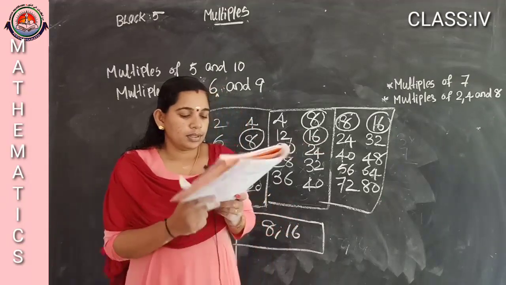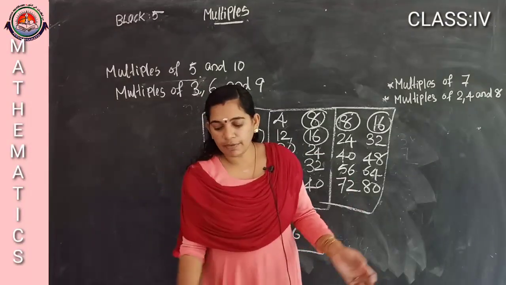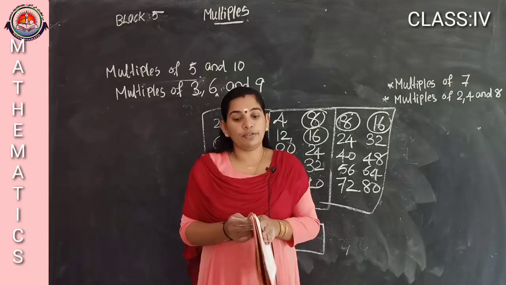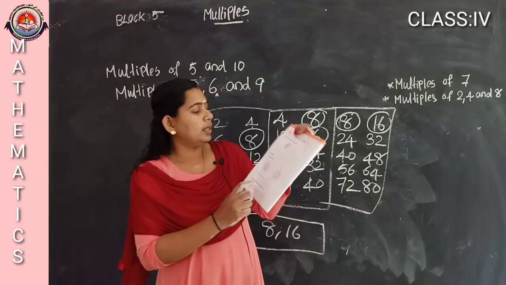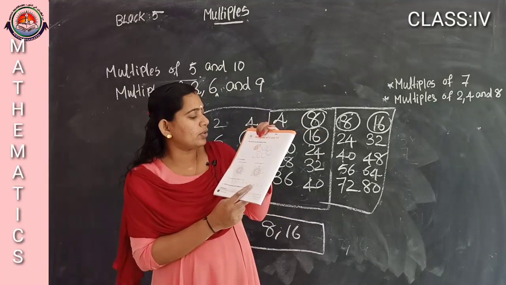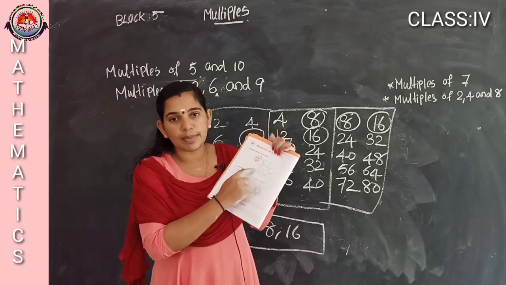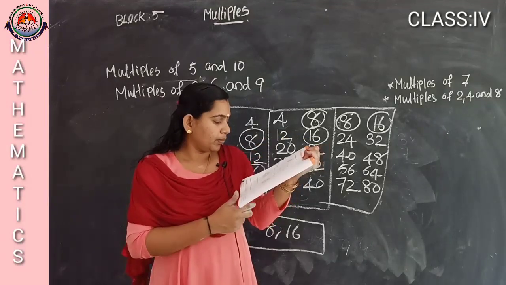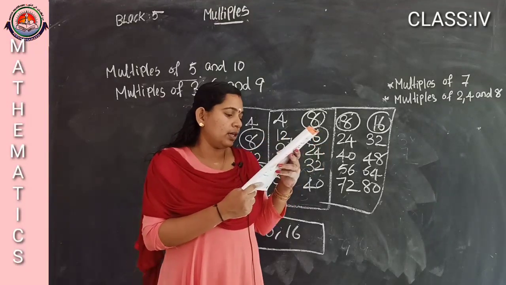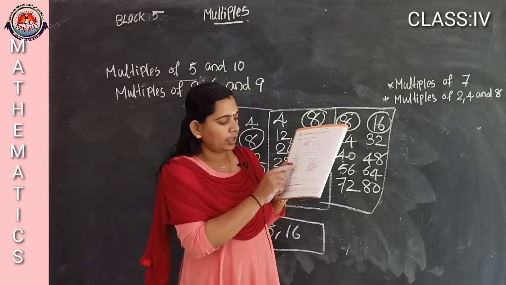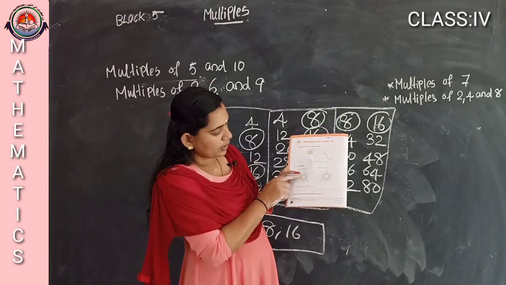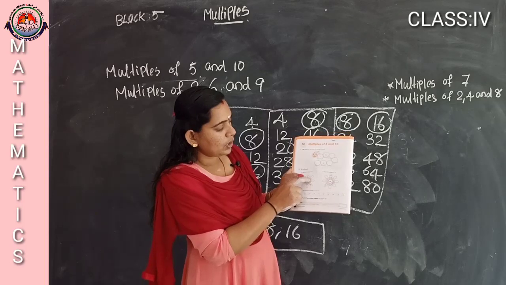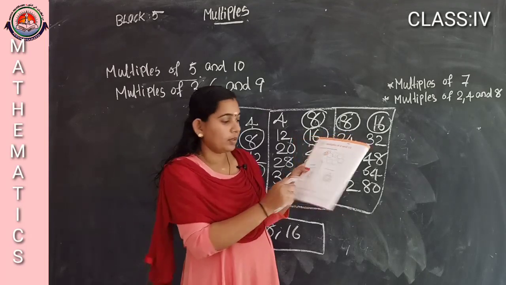Then, from your workbook, page number 24. Skip count by 5 and write the missing numbers. Here some numbers are missing. You write them down. Do as directed. Write the multiples of 5. Here 1 into 5, 5 is there. Then 5 into 4, 20. Find them like that.